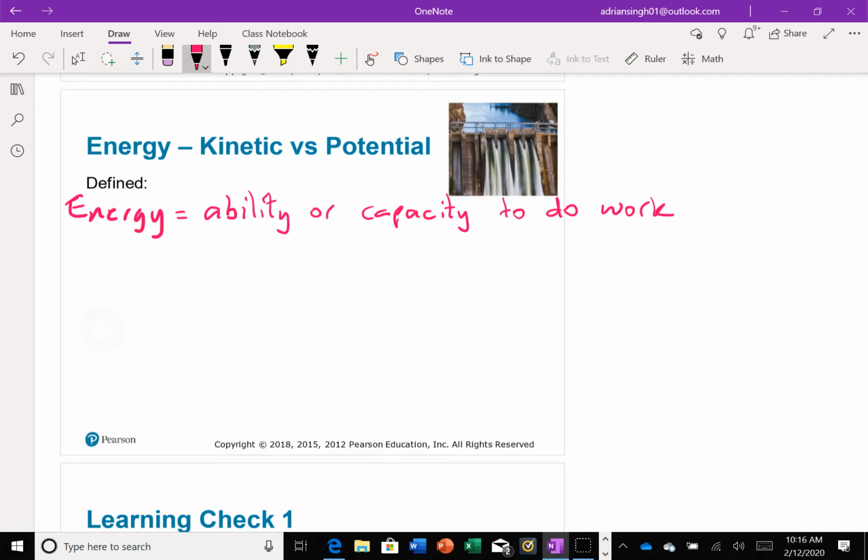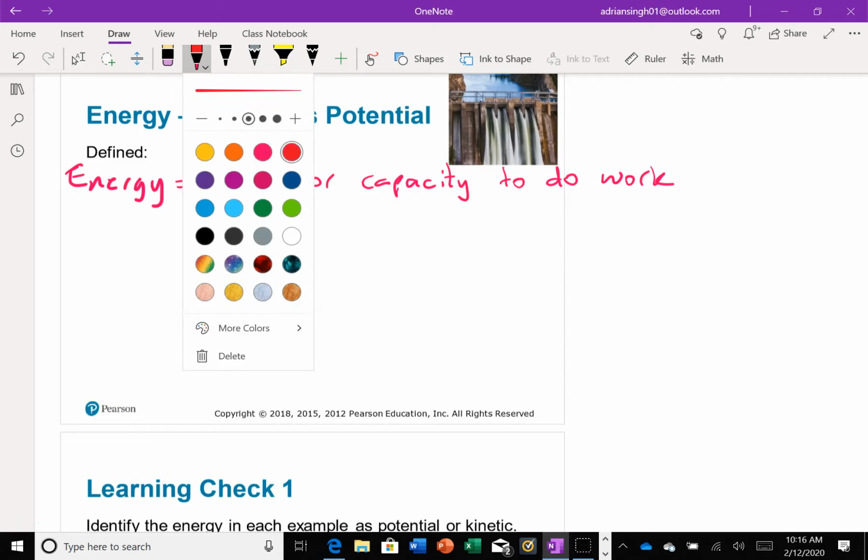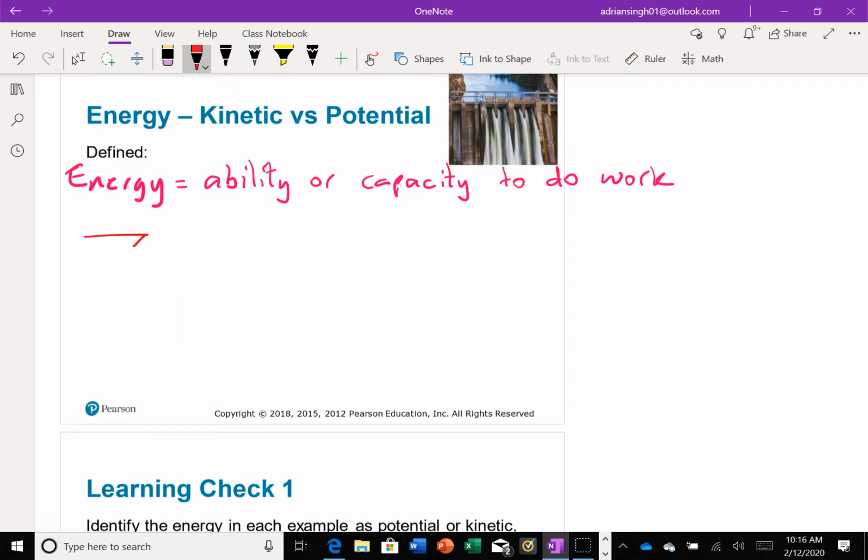Now, when we start looking at the different types of energy, there are several ways by which we can classify energy. One of the more common ways that we can distinguish different types of energy from each other is whether it is considered kinetic energy or whether we're looking at potential energy.